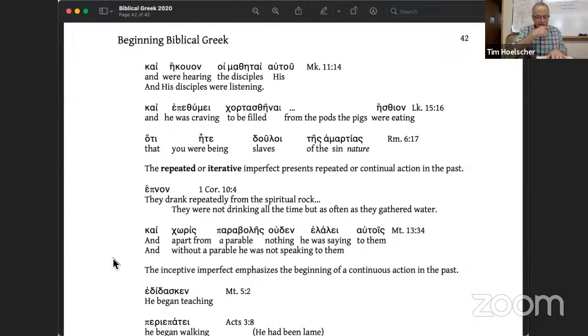In verse 23, it says, he was going down into the boat, and his disciples followed him. There came to be a great shaking, or we'd probably say a great storm in the sea, so that the boat was being overflowed by the waves.